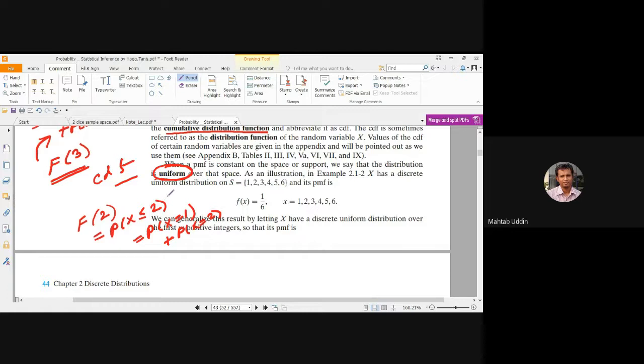That is uniformly distributed because all outcomes have probability 1 by 6, that is, 1 by the total outcomes. Like in a dice, each has probability 1 by 6.